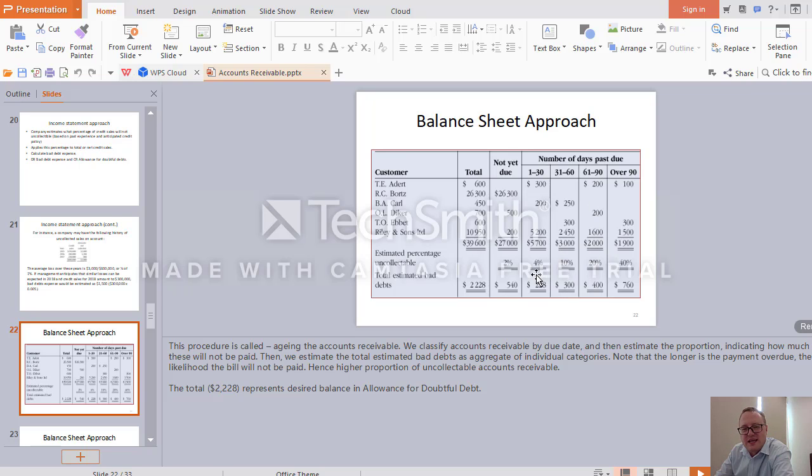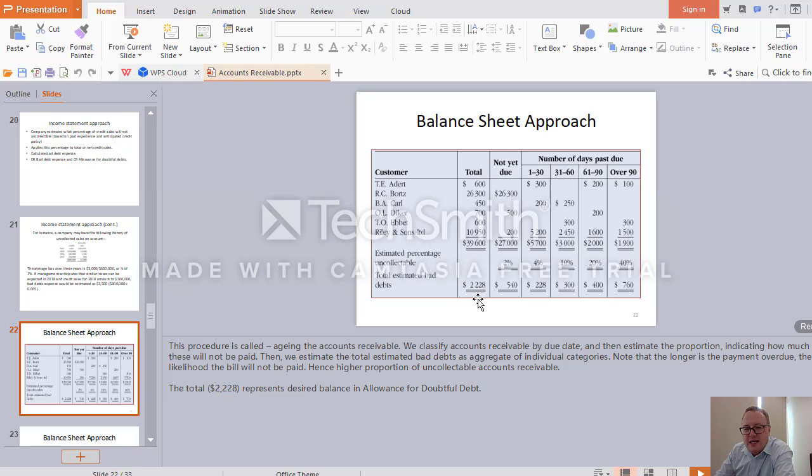And you will see that if the account is overdue only by 30 days, the non-payment is only 4%. But if it is overdue by 90 days, the non-payment percentage is 40%. In other words, if the account is overdue by more than 90 days, we could easily say that a large part of these accounts would never be paid. In our case, 40%.